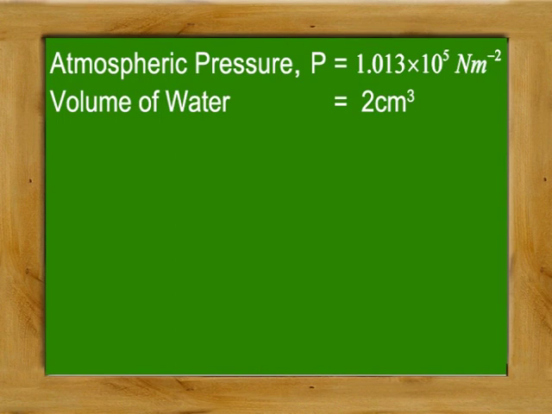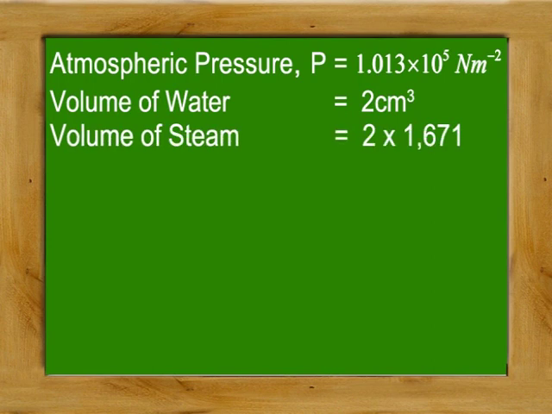Volume of water is equal to 2 cubic centimeter and volume of steam is equal to 2 into 1671 equal to 3342 cubic centimeter.